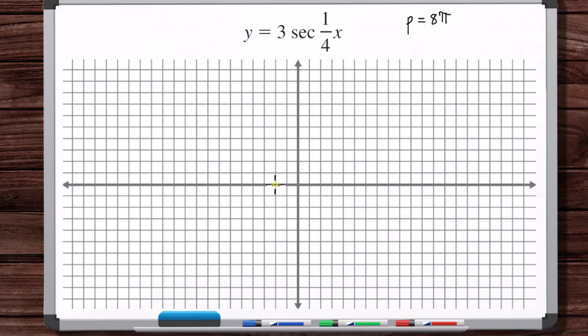So let's see, 1, 2, 3, 4, 5. We'll do minus 2 pi. And then 1, 2, 3, 4, 5. There's 2 pi. 1, 2, 3, 4, 5. 4 pi. 1, 2, 3, 4, 5. 6 pi.